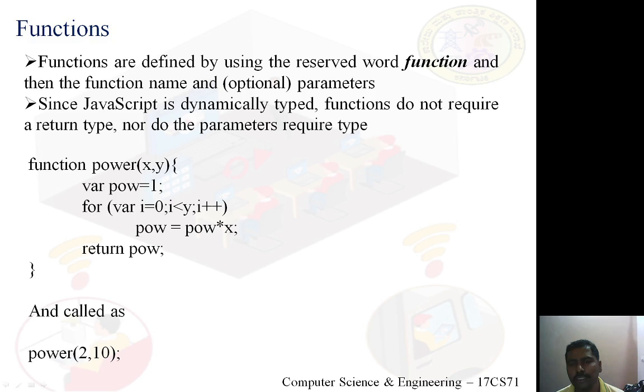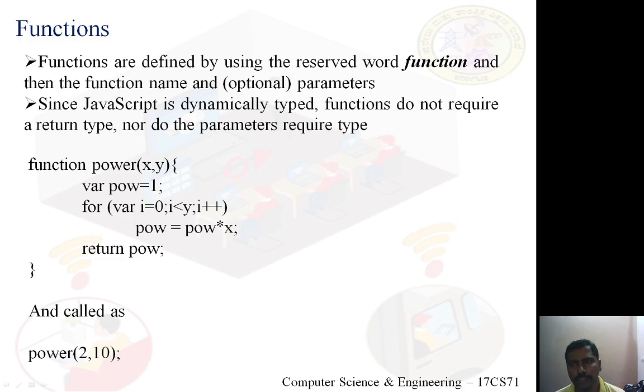Here in this case, power is an example of a function, and this power function has two arguments, x and y. It may be numeric, it may be a string, it may be an object, whatever it may be. So in the function definition, I have not specified the data type. Clear? And this function can be invoked as usual, how we invoke in C or C++ or Java.